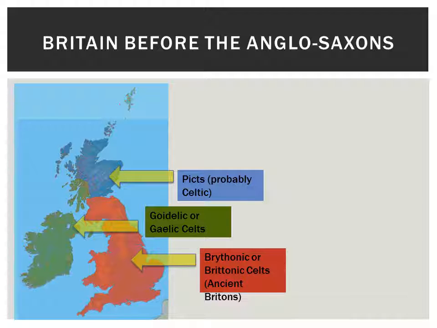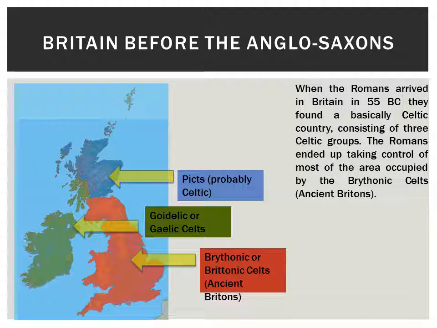I think the usual consensus today is that they were Celtic people, but there's some debate about whether they were Celtic or not. But this would be the population of Britain before the Anglo-Saxons 2,000 years ago. All right, we'd more or less be looking at that kind of makeup of population.